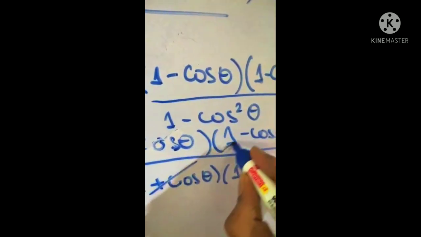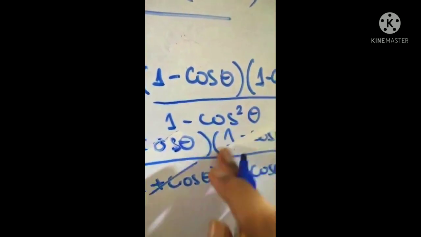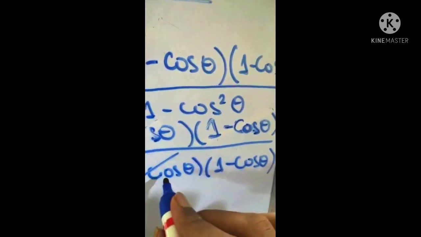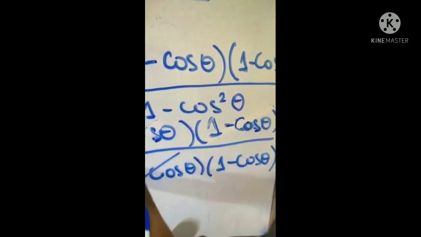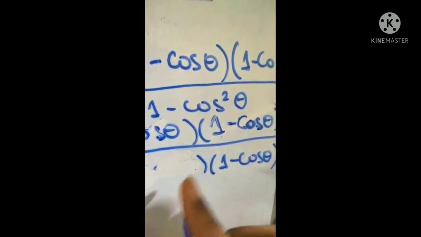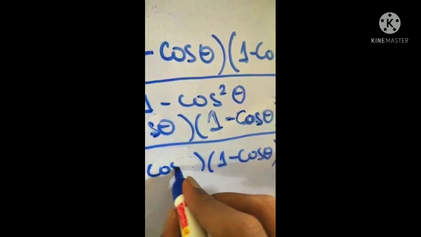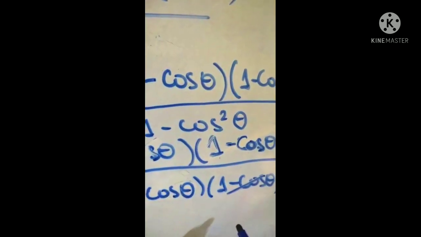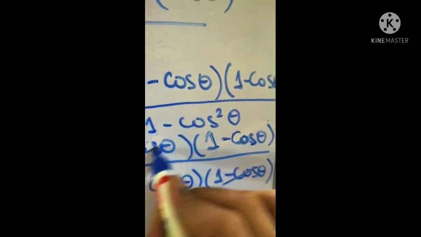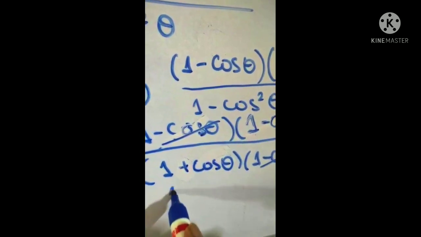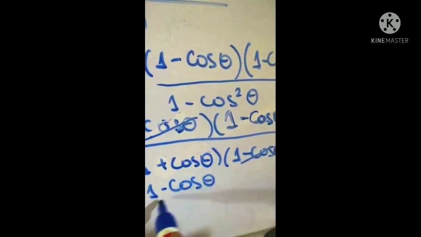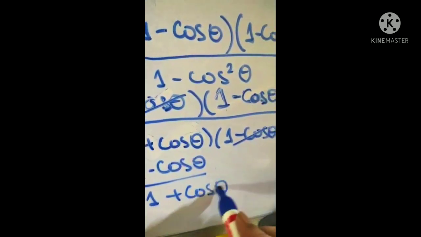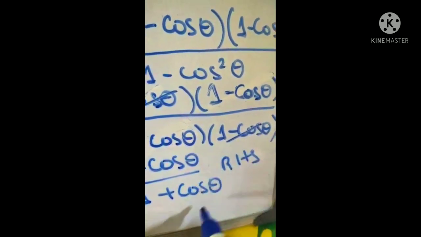So this one and this one will cancel. 1 plus cos theta will also not be cancelled; here you will get 1 plus cos theta. So now if you cancel it, you will find that 1 minus cos theta and up 1 minus cos theta will cancel. So we will get (1 minus cos theta) divided by (1 plus cos theta). It is our RHS. So hence it is proved.